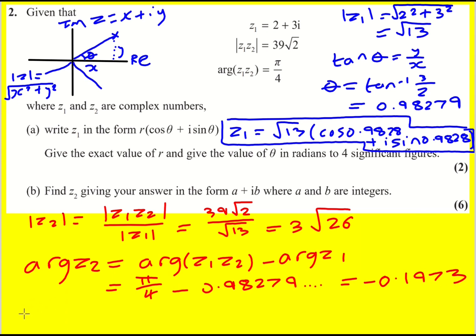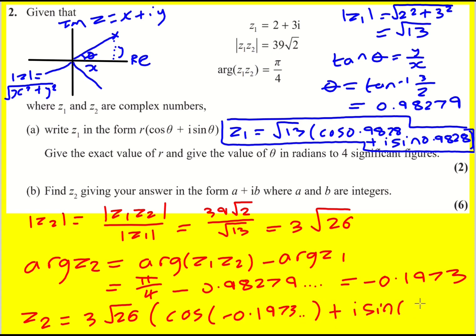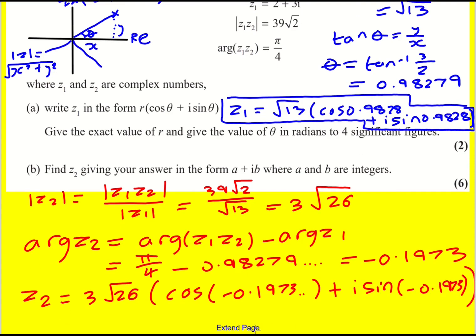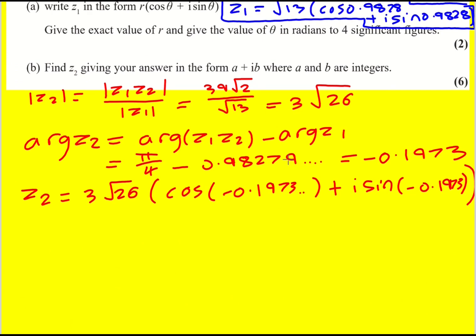So that means that z2 is going to equal 3 root 26 times cos of this plus i sine minus 0.1973. But we want it back in Cartesian form, a plus ib.